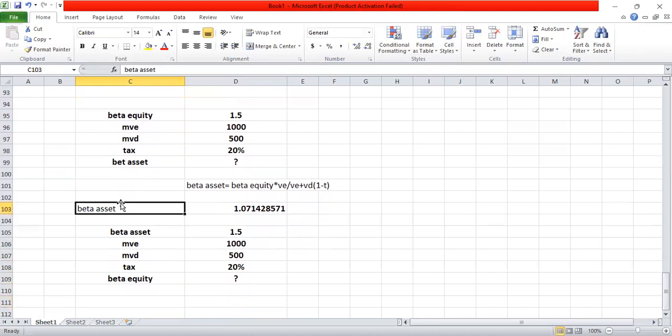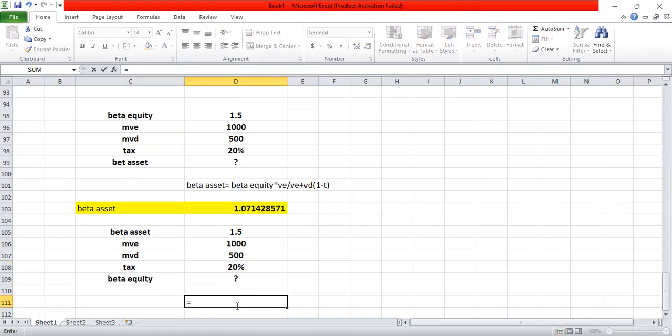This was the beta asset. Now we have to find out the beta equity, guys. Now see, the question is in front of you. You have been provided the beta asset and that is 1.5. You will take this.